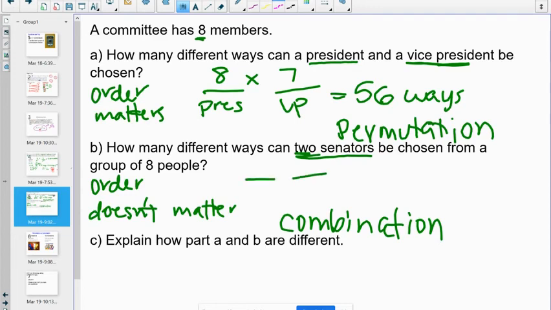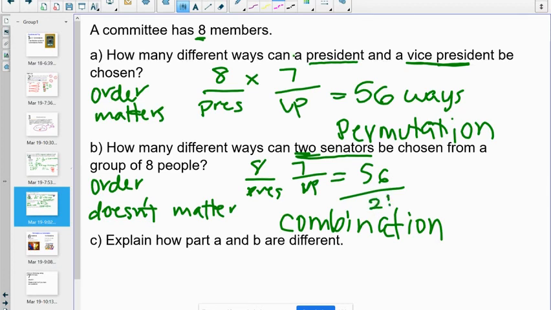So we have a pres and VP. And again, we have the 8 times 7, because that's the same as the above, 56, over, and then we have to arrange, how many different ways can we arrange the 2 senators? And that's just 2 factorial.